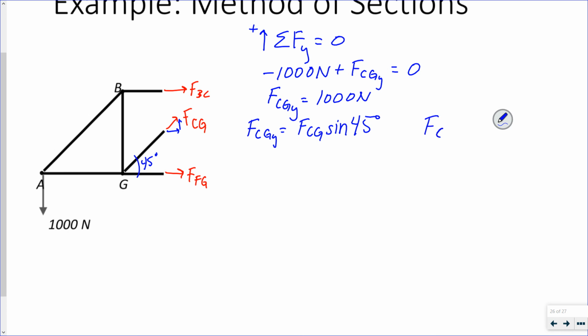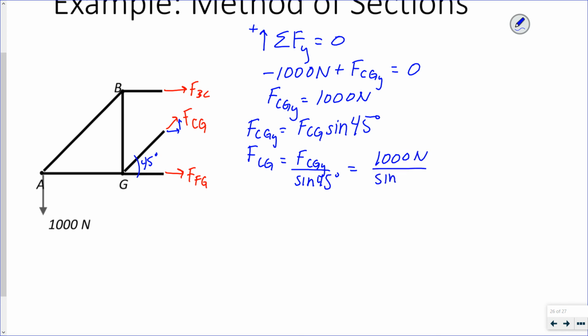So FCG is FCGY divided by sine 45. That's 1,000 newtons divided by sine of 45 degrees.